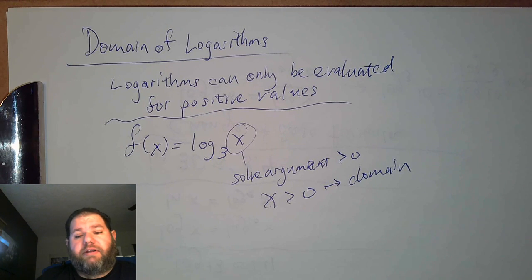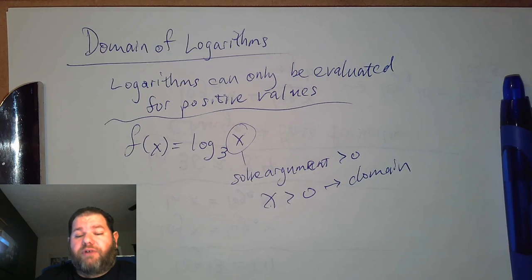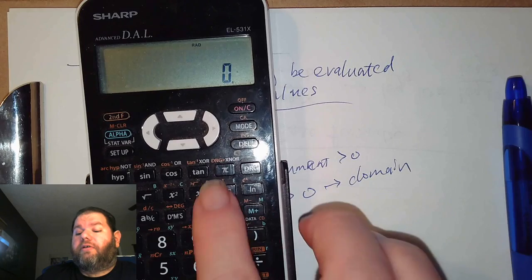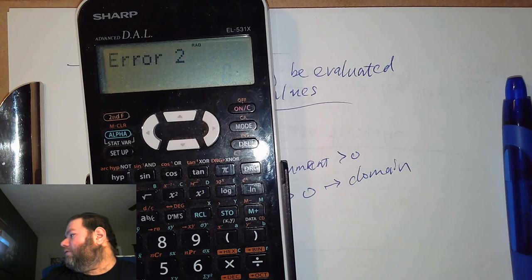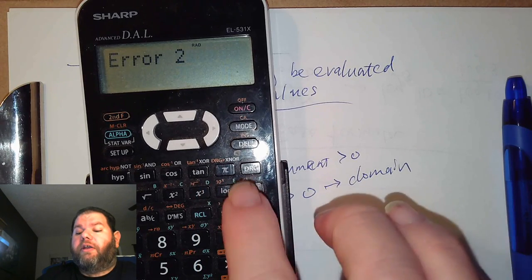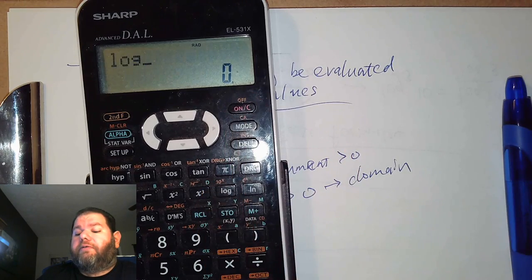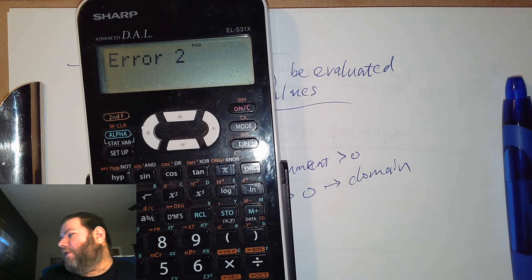So what that means really is if we try to take log of 0, or if we try to take log of a negative number, neither of those would work. And in fact, if we tried to do that in our calculator, log 0 gives us an error. And if we do log of negative 2, or any negative number for that matter, that's an error.